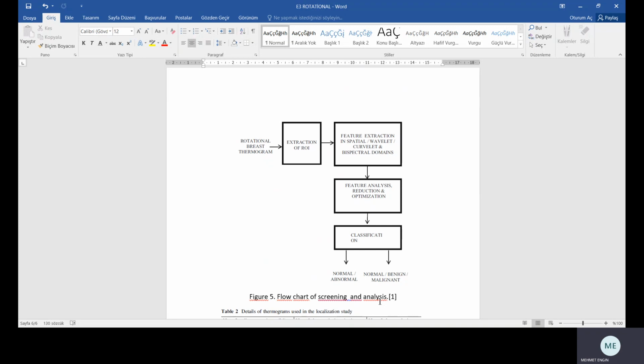Now, classification for breast conditions. The support vector machine classifier is used for automatic detection of abnormal conditions in thermograms. This classifier is a supervised learning algorithm that finds wide application in pattern recognition problems.